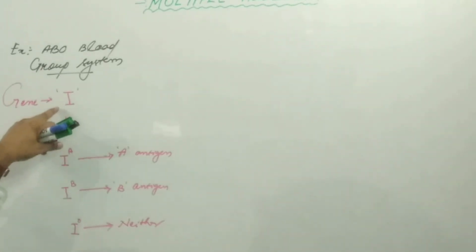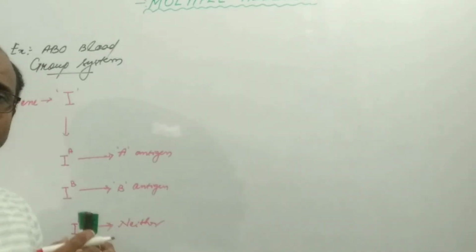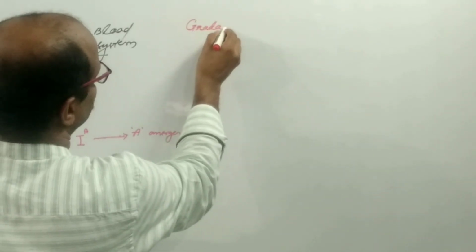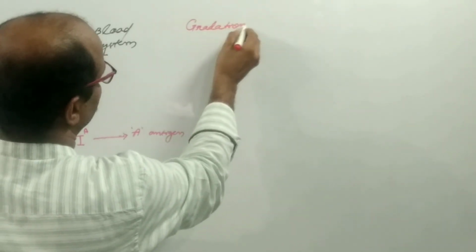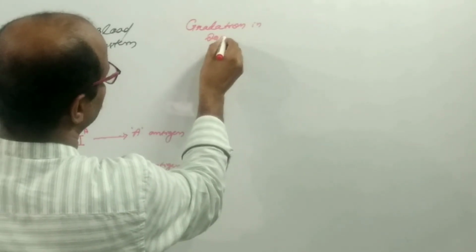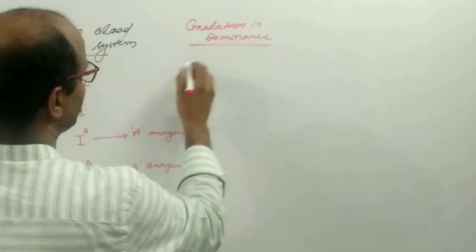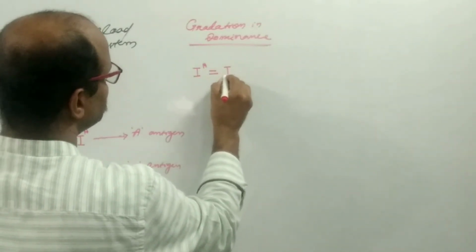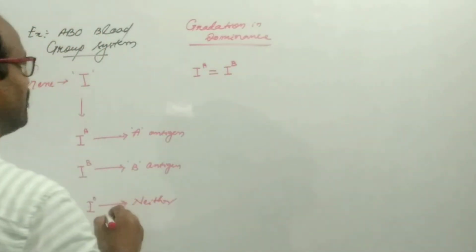Isoagglutination is the full form of the capital I. Now come to the gradation in dominance. IA is equally dominant with IB.